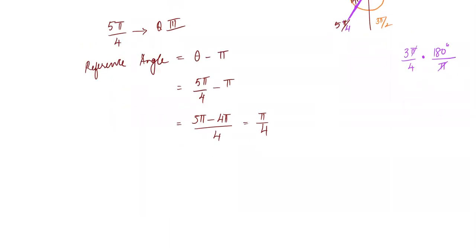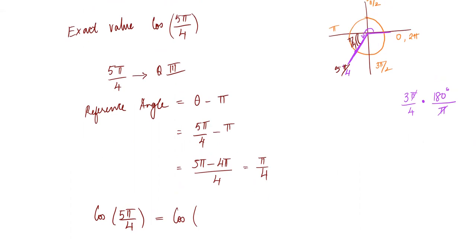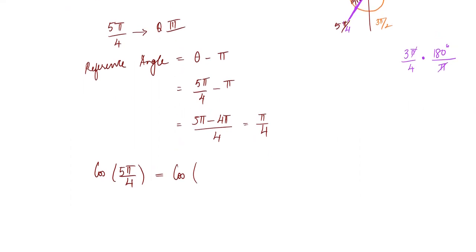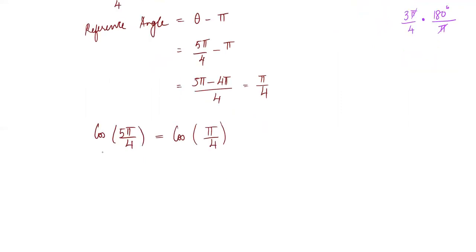So you are looking at cosine 5 pi over 4, which is in the third quadrant. Its corresponding reference angle, we just found to be pi over 4, right?